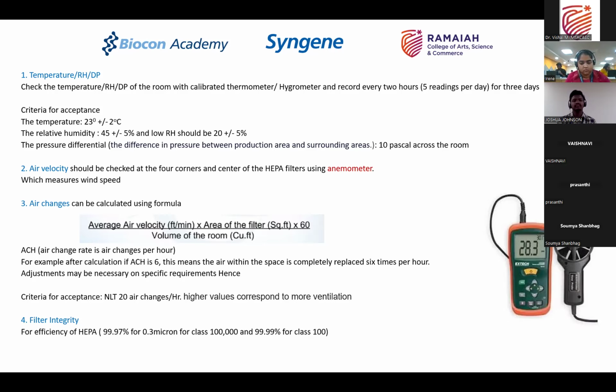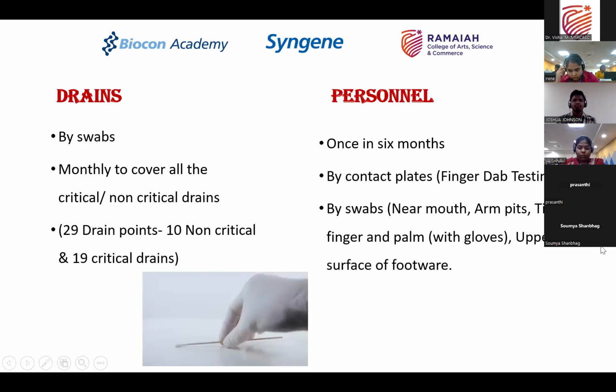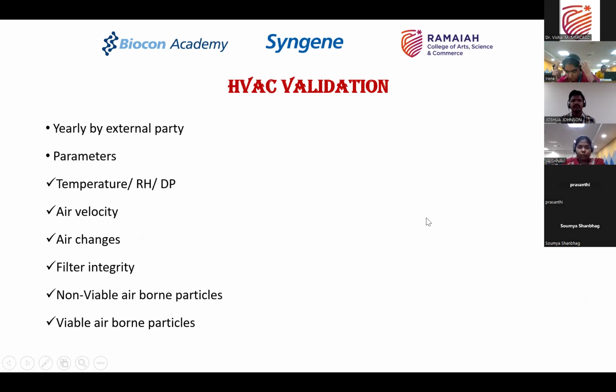Now we are talking about HVAC validation, that is heating, ventilation. HVAC validation has to be done on a yearly basis by an external agency, and the parameters for validation are temperature, air velocity, air changes, filter integrity, and viable and non-viable particles.